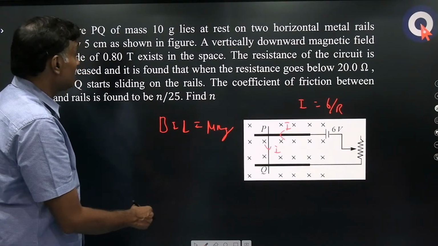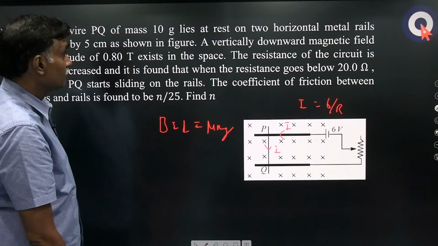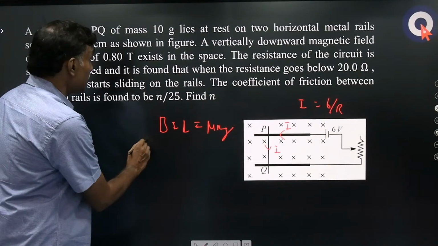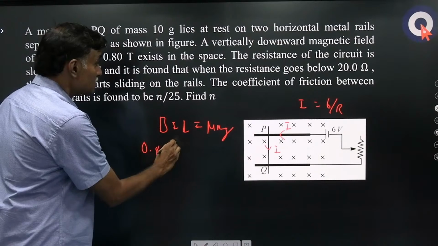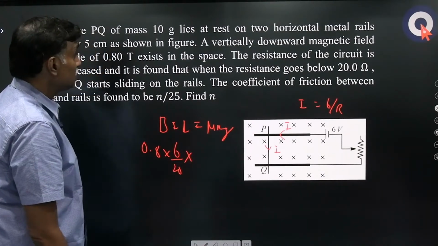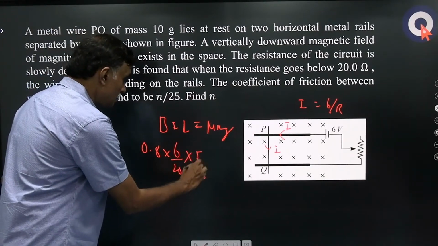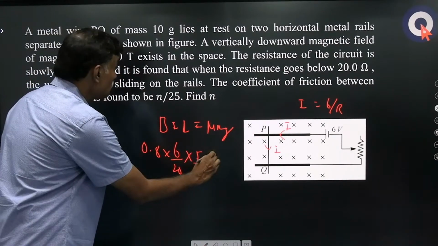What is B given? 0.8 Tesla, so 0.8, and current is 6 by 20, into L, the length of the wire is 5 centimeters, so 5 by 100, equal to mu mg. Okay. Mu into m into g.